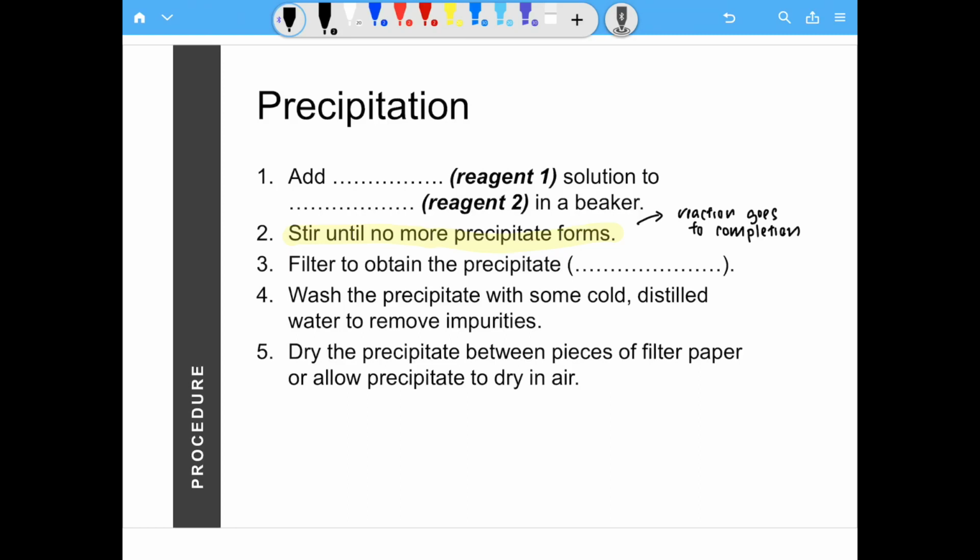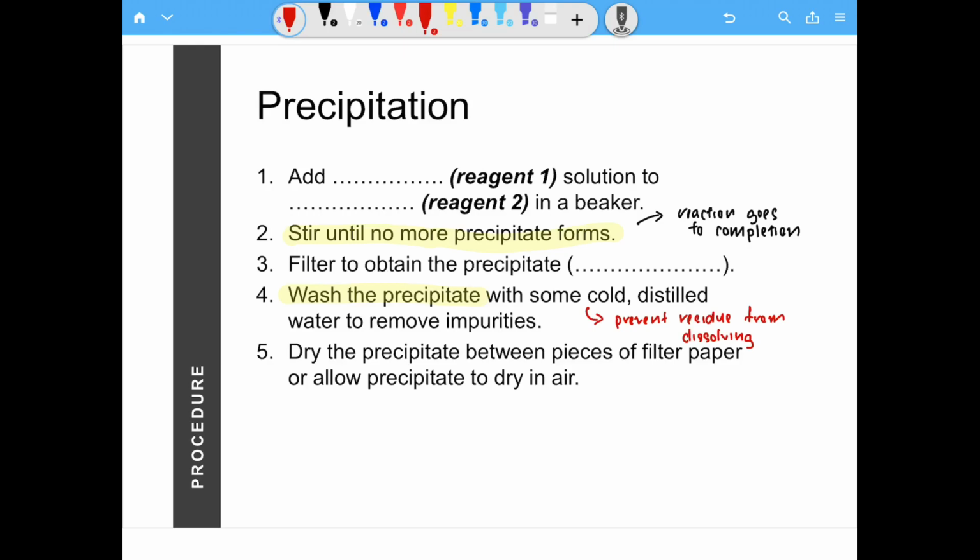And then washing the precipitate with some cold distilled water. Why must it be cold? Once again, we want to prevent the residue from dissolving into water.